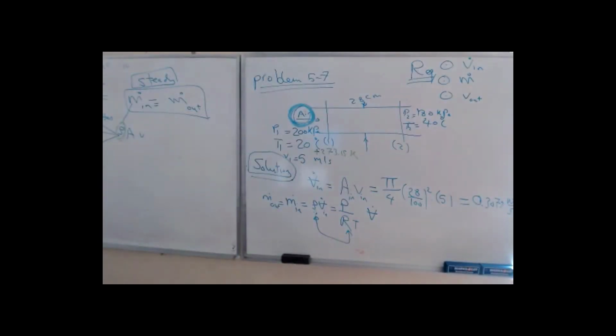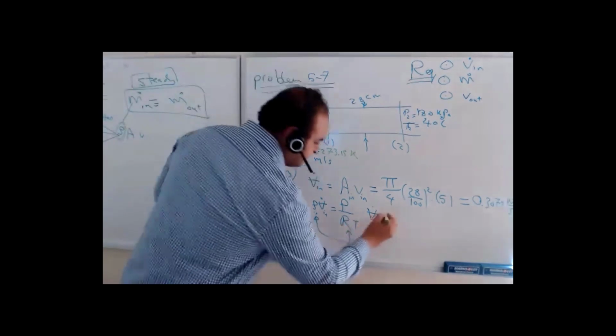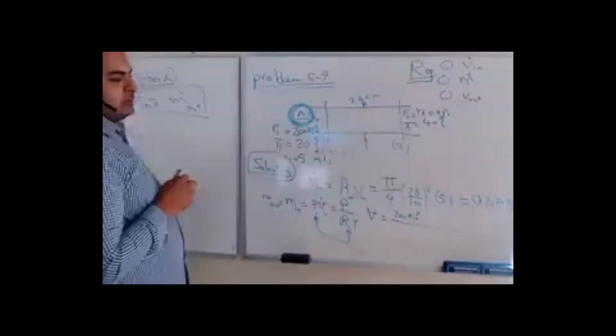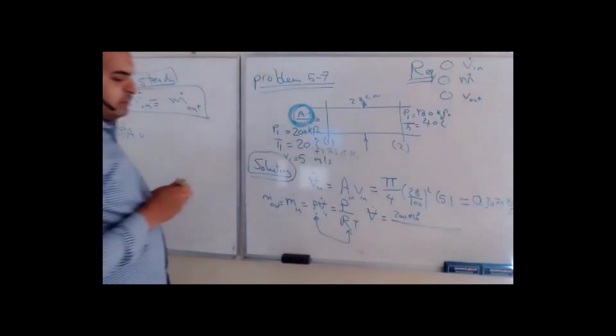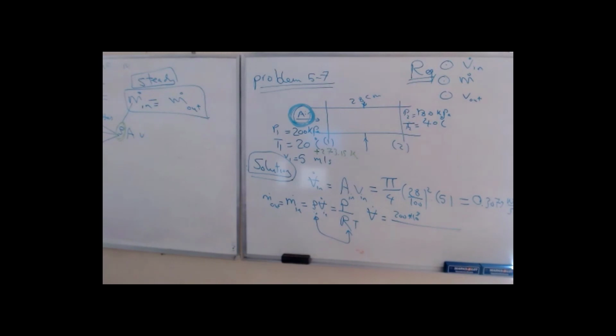Plug everything in this equation. So equal 200 times 10 to 3. R from what table, guys? R, the gas constant of air. From which table?